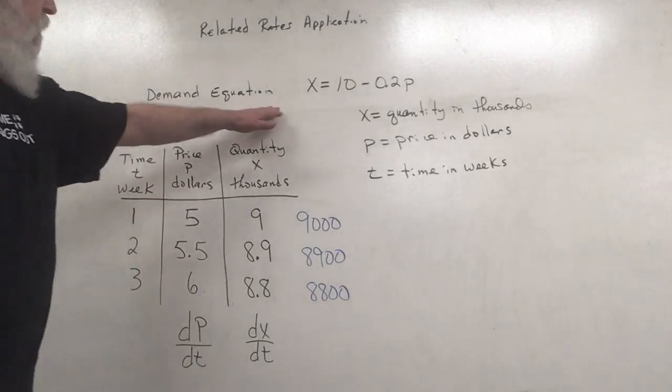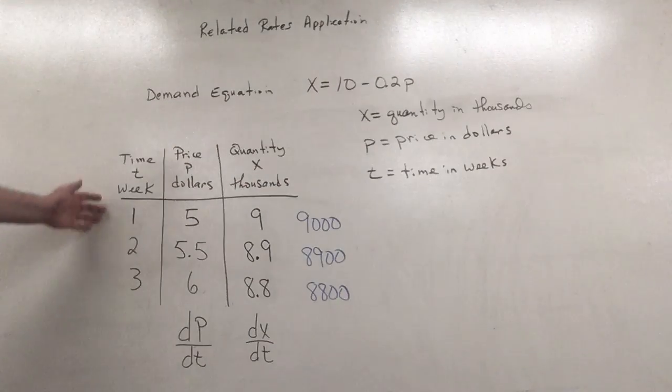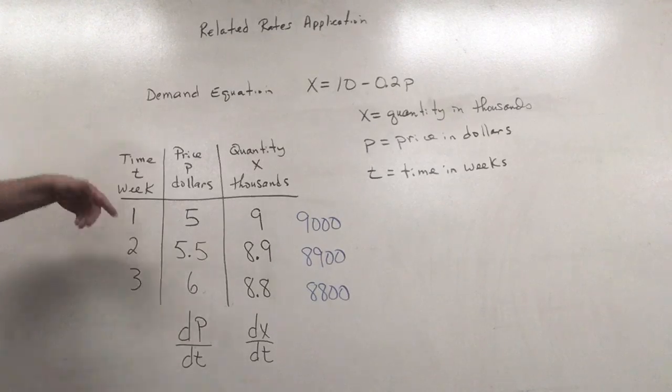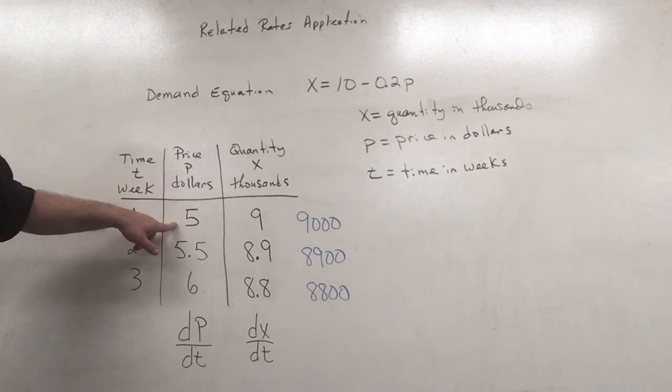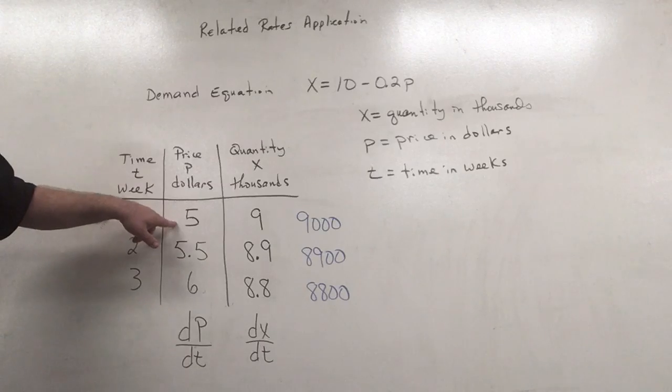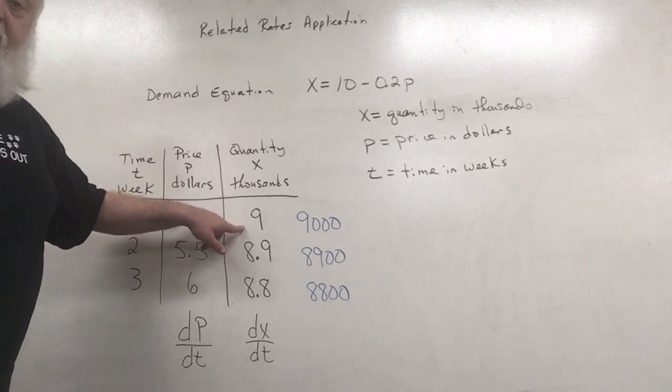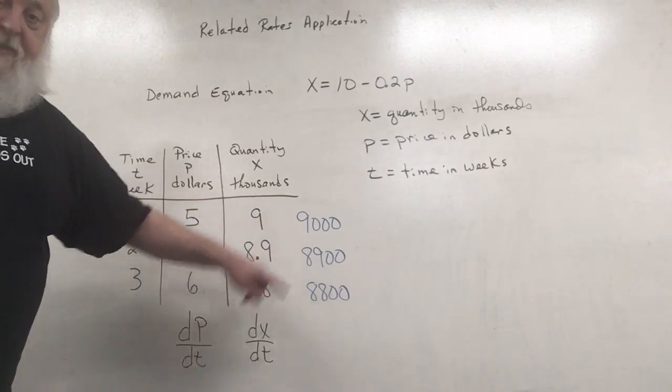So in our demand equation, I have a table over here. Imagine that in the first week of selling this good, we charge a price of $5 per unit, which means we sell x equal to 9, or 9,000 units.